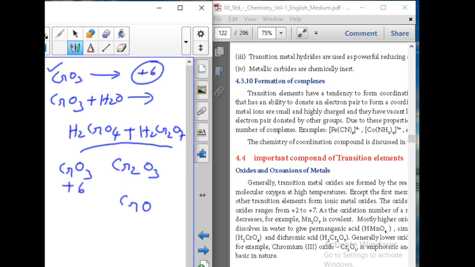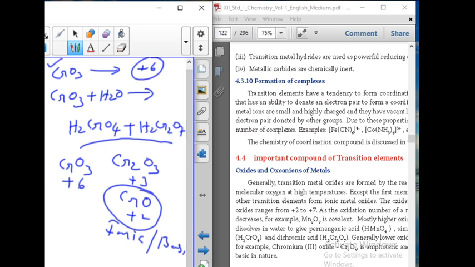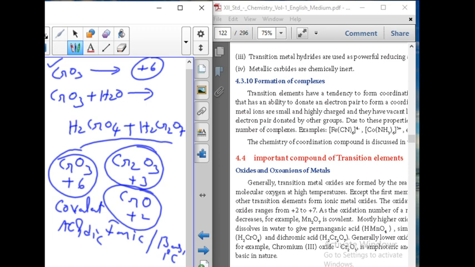Their oxidation states are +6, +3 and +2 respectively. Lower oxidation states are ionic as well as basic. Higher oxidation state is covalent as well as acidic, and in between this is an amphoteric oxide.